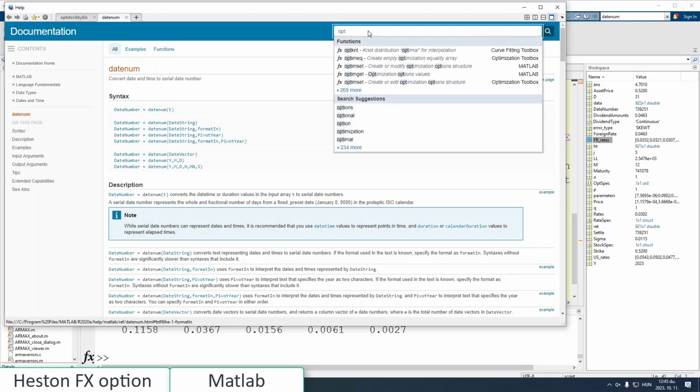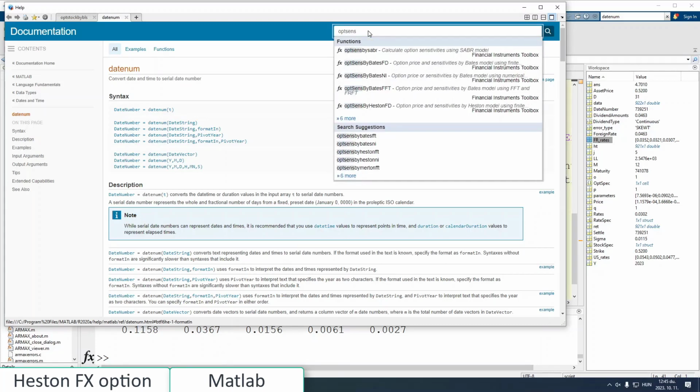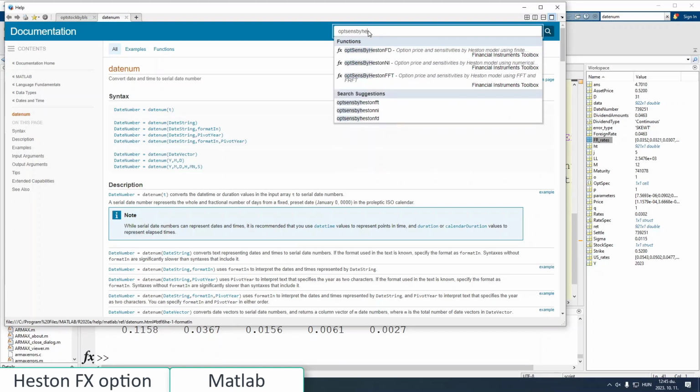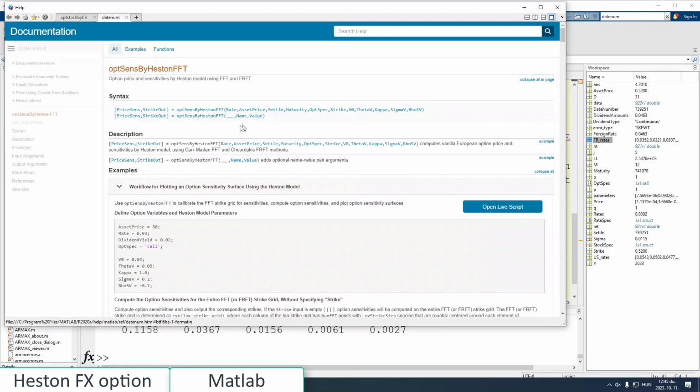So optSensByHestonFFT, because if you just type in option pricing with Heston, there will be at least three different functions again. Yeah, this is the most friendly one.